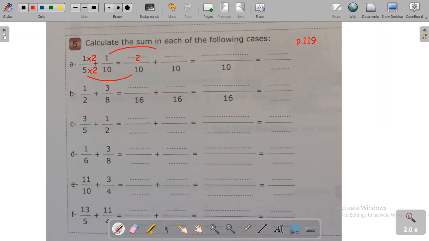This fraction, plus 1/10. So 2/10 plus 1/10 is equal to 2 plus 1 over 10. 2 plus 1 equals 3. So 3/10.